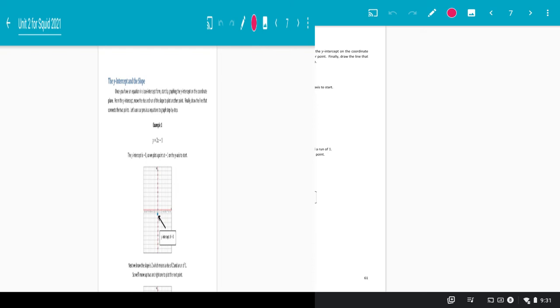Just like this. Say I give you y equals 2/3 x plus 4. First of all, is the y alone? Yes, so I'm good. Start on b. What's b? 4. What's my slope? 2/3. So up 2 over 3. Are you with me?